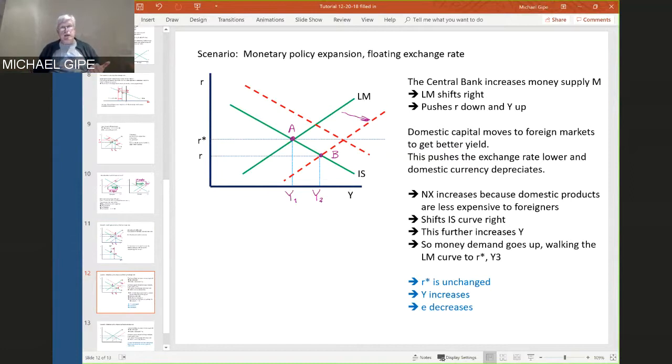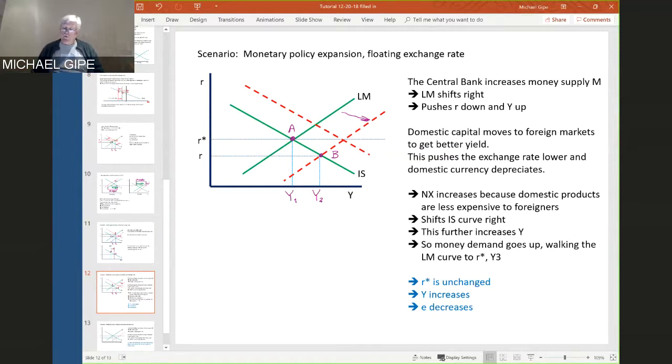And like in the first example, this pushes the exchange rate lower, and our domestic currency depreciates. And so the result of that is our domestic net exports increase because now the domestic products are less expensive to foreigners and vice versa. The foreign products are more expensive.